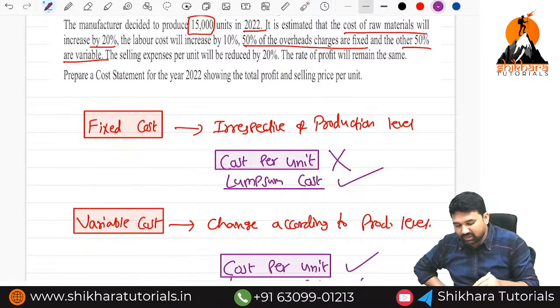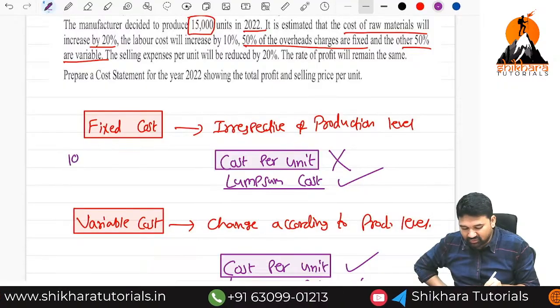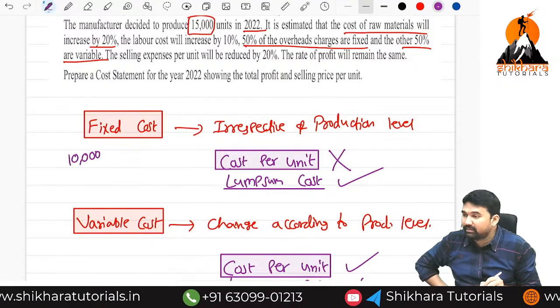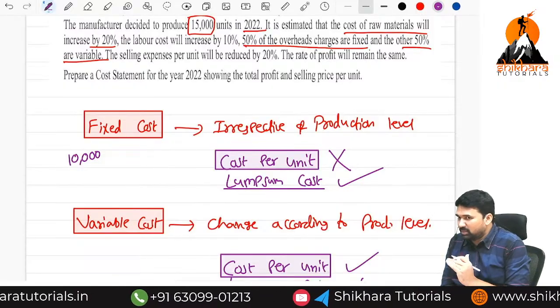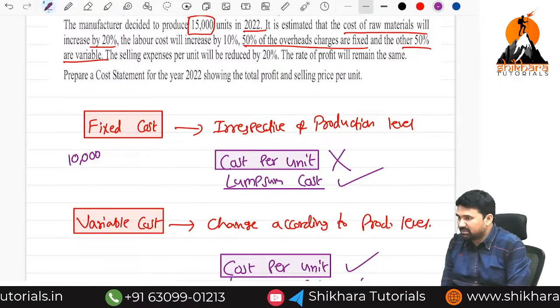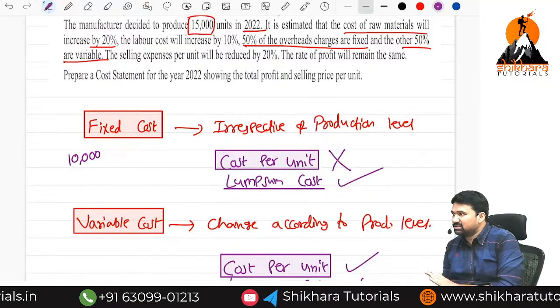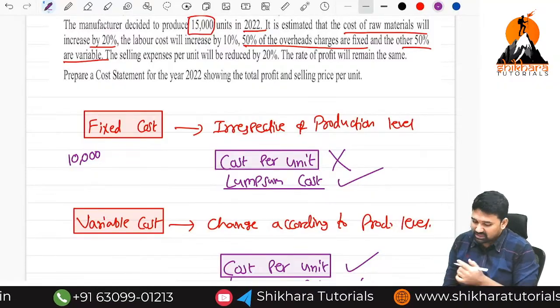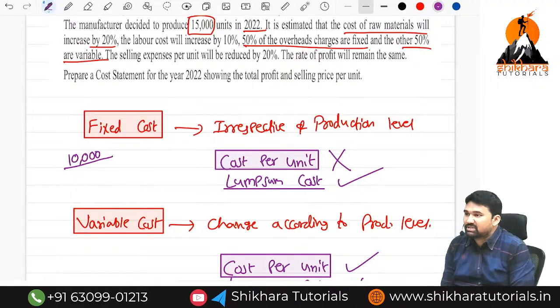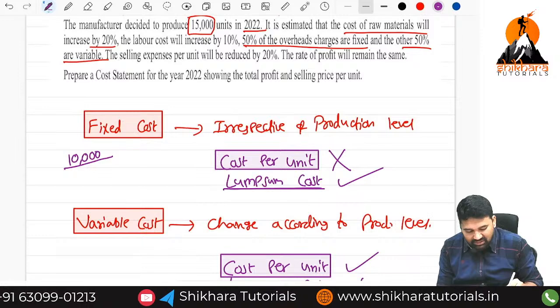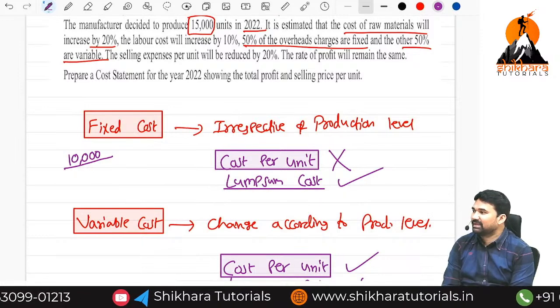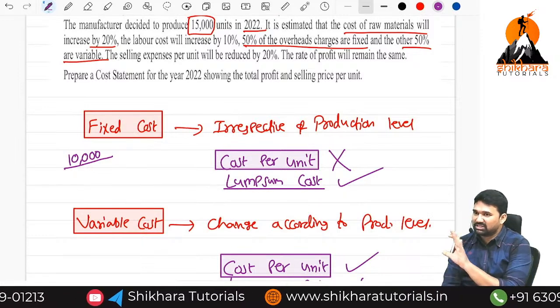Listen carefully. How many members are going for a trip? 5 members were planned, but how many members are actually going? 3 members. Either for 5 members or for 3 members, the rent will be the same. So listen carefully. Lump sum cost is fixed. Clear?